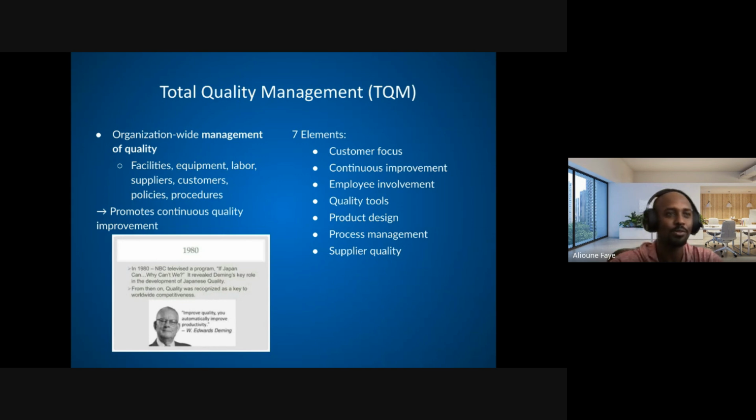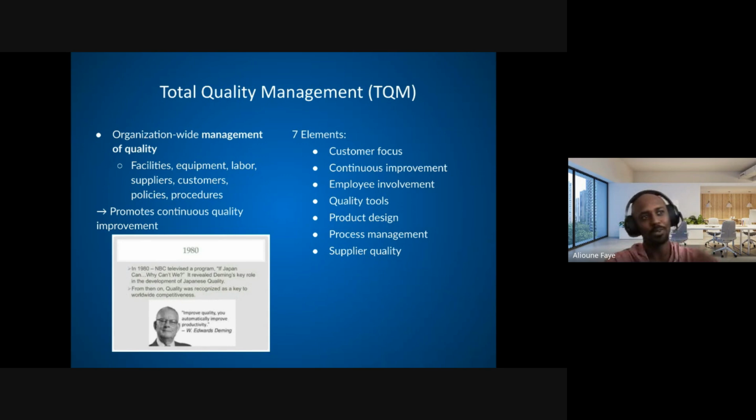And so after looking at how Japan was implementing their philosophies of work, this guy Edwards Deming said in a documentary with NBC, I believe, if Japan can do it, why can't we?